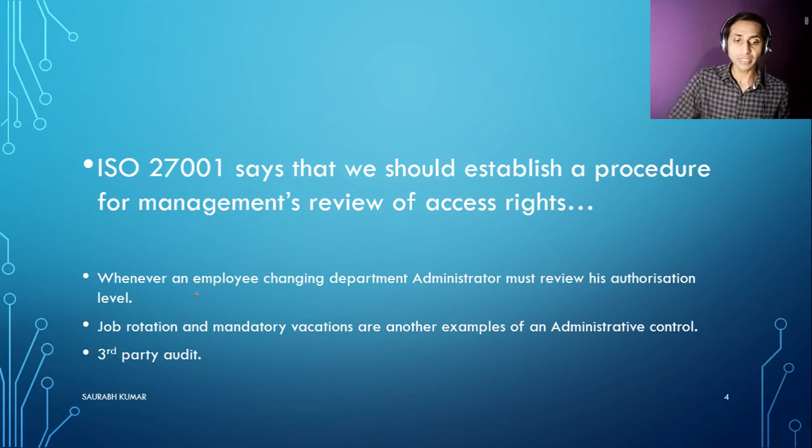So whenever an employee changes their department, the administrator must review his authorization level. If someone has switched from one department to another, or has been promoted, or jumped to another project, then being the IT person, it is your responsibility to check what authorization he had in the previous project and, as soon as possible, remove it, so that he will not be able to manipulate the data in that project.